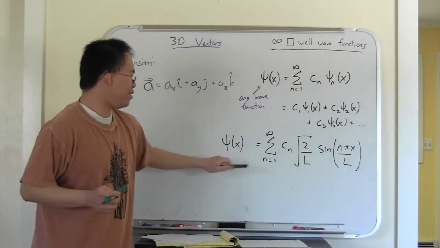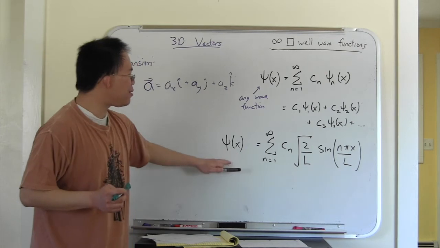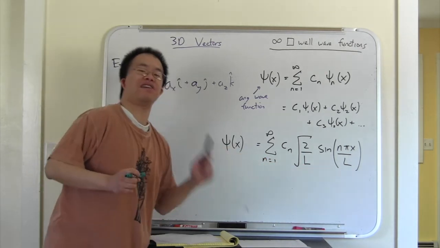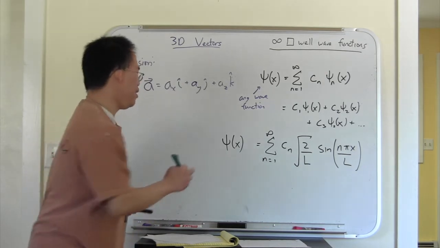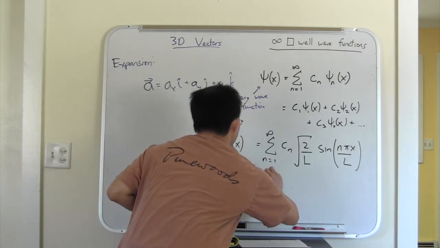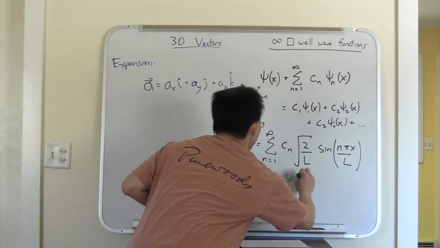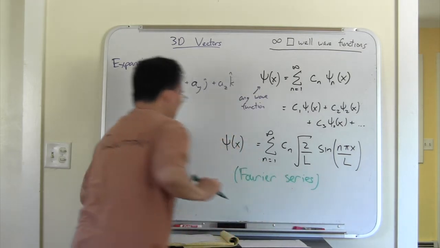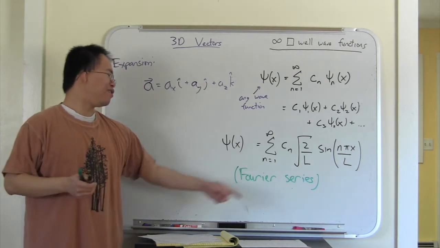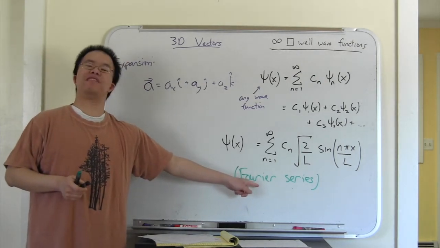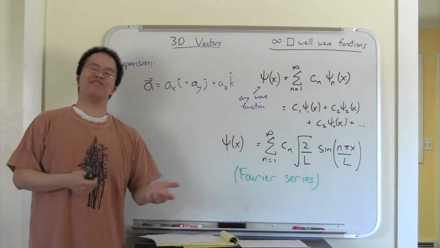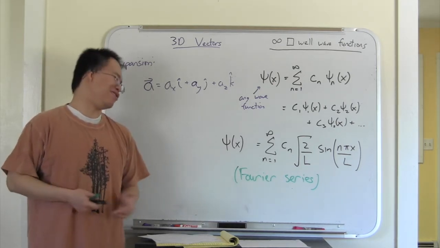This expansion of some arbitrary function in terms of sines is what in math we call a Fourier series. And if you take math methods next year, you will talk in much more detail about Fourier series and a branch of math called Fourier analysis.